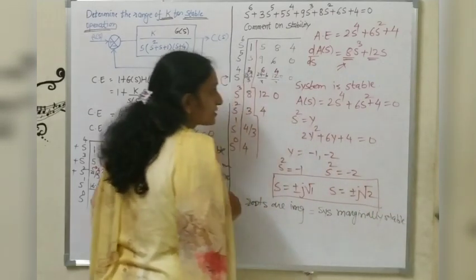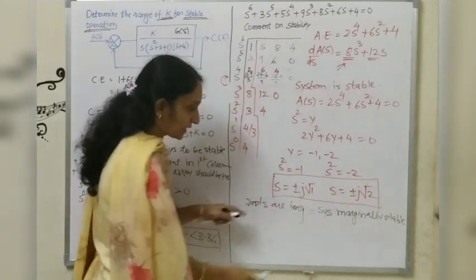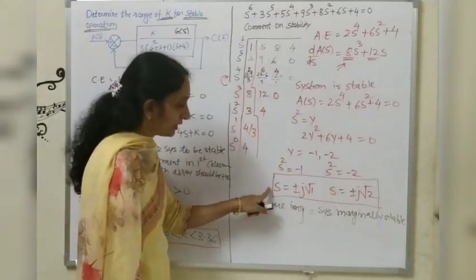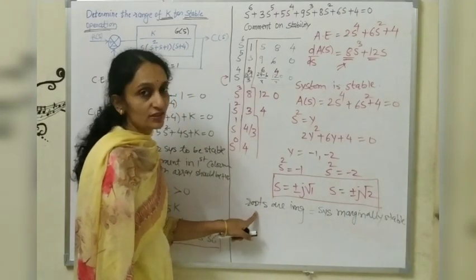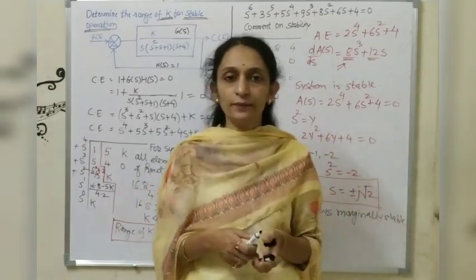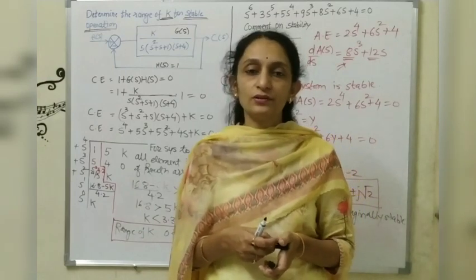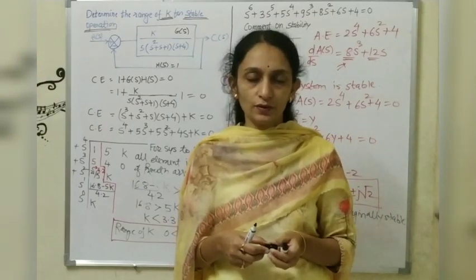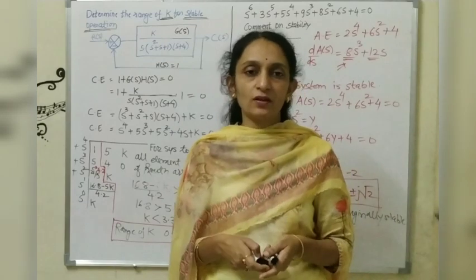Okay, so instead of writing here system is stable, but as we have calculated the imaginary roots, so we know that system is marginally stable. Okay, so I hope you got the concept. Okay, so see, we have solved 2 numericals based on the Routh stability criteria. Okay, so we will solve more numericals on the Routh stability criteria. Thank you, students.